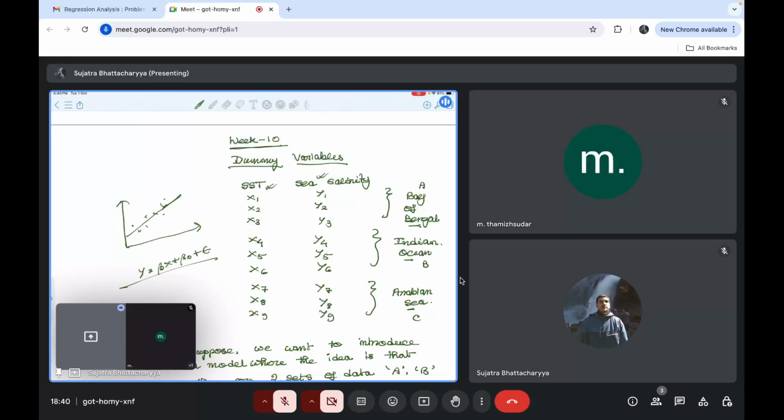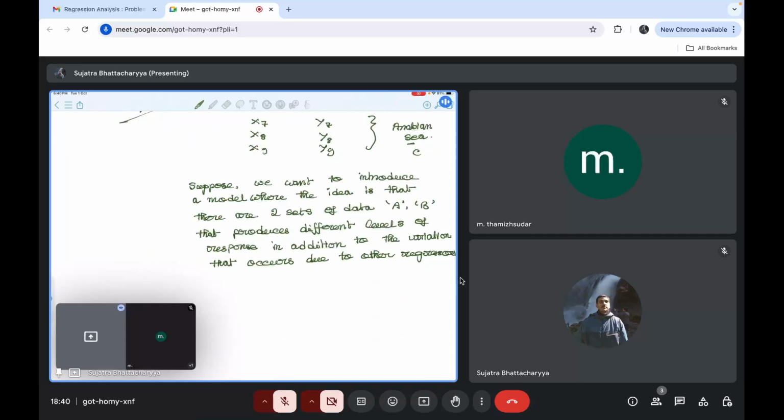That suggests that you cannot take them together. Sometimes you may get a good relationship that represents that you can take them together. But sometimes if you are not getting a good relationship, you see that the residual terms are significantly larger in one set as compared to the other, you have to go for the dummy variable approach.